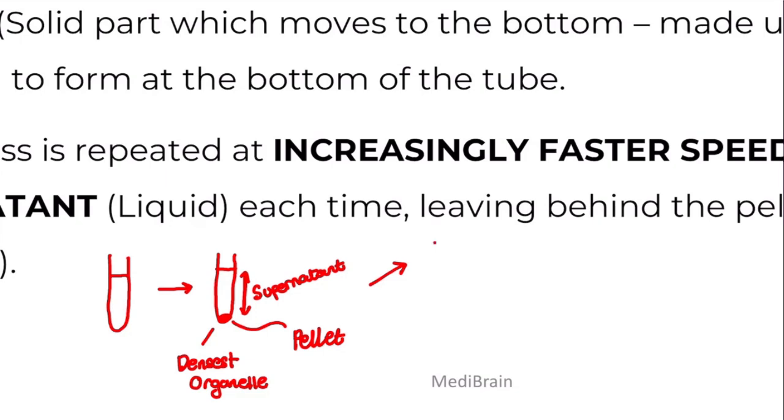If you pour it out, you will be left with the dense organelle at the bottom in the original test tube, and then you can analyze this organelle. Then this supernatant that you removed over here, you can centrifuge again, at a faster speed than you did originally.